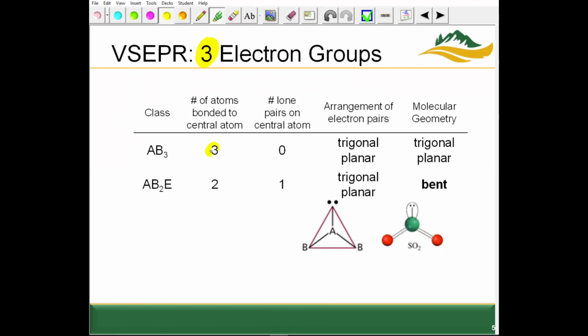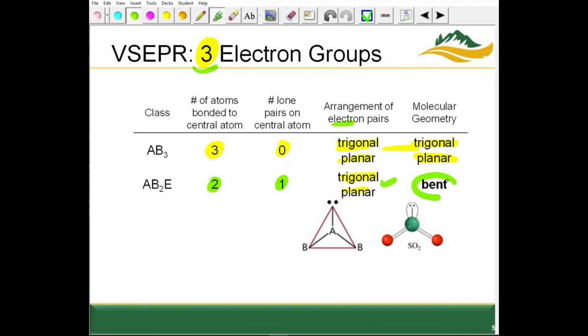So when there's 3 electron groups, this is trigonal planar arrangement of electron pairs. 3 bonds, no lone pairs, that molecular geometry then is still trigonal planar. But when we have 1 lone pair amongst those 3 groups and 2 bonds, this is still trigonal planar arrangement of electron pairs.